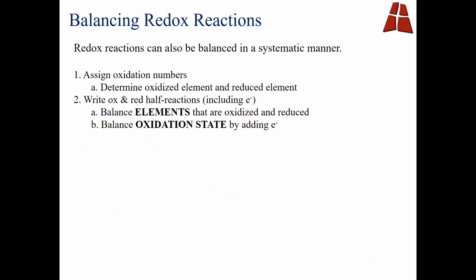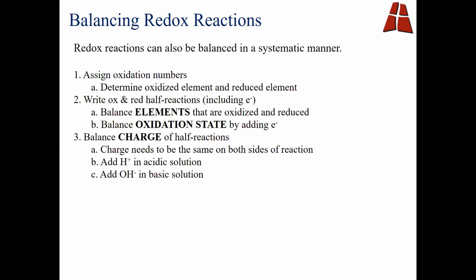We then want to write the oxidation half reaction and a reduction half reaction, including the electrons that are transferred. Then you want to balance all of the elements that are oxidized and reduced, and then balance the oxidation states by adding electrons. Next step is to balance the charge of the half reaction, and so these charges need to be balanced on both sides.